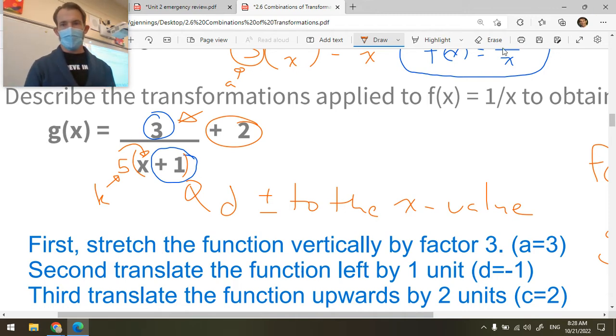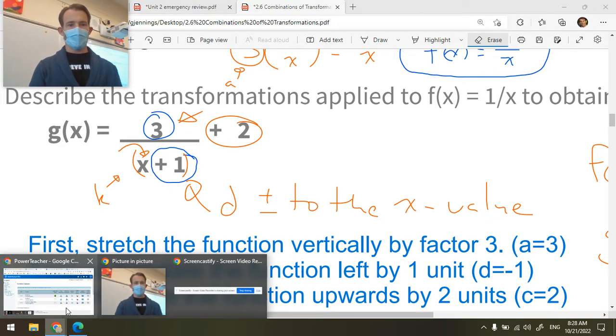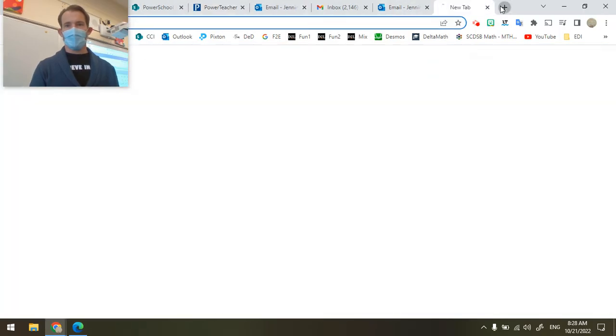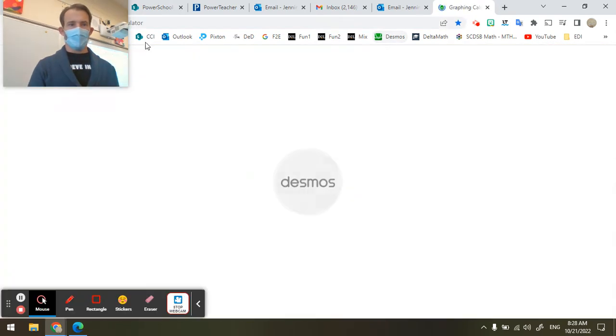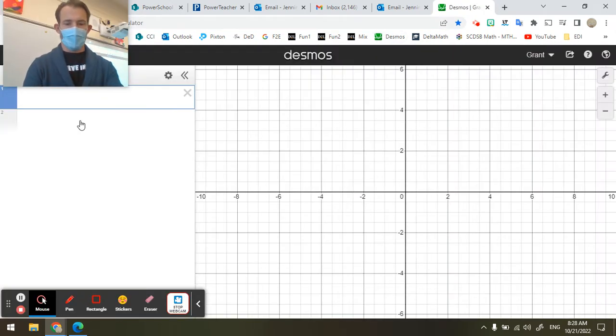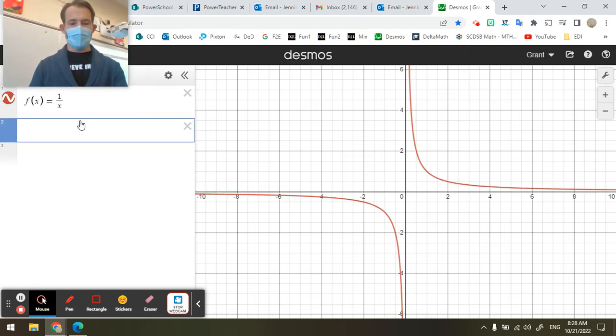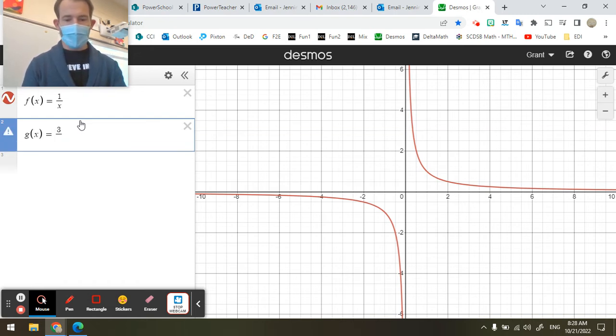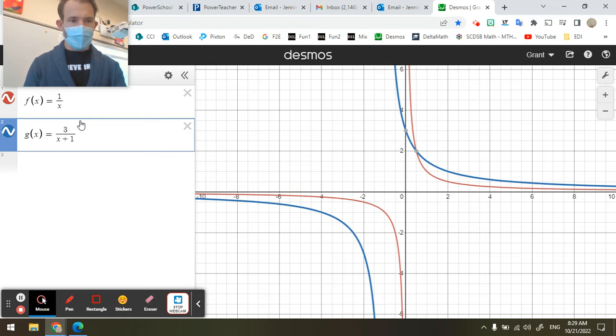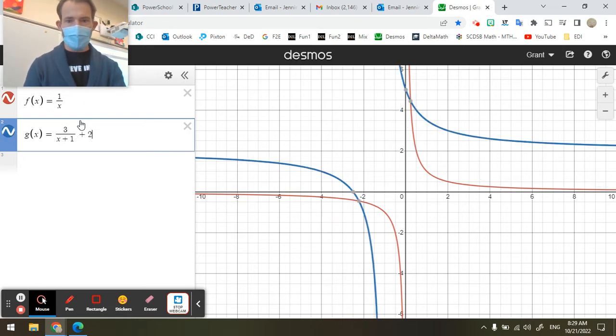And then what else to say about this? I thought we could visualize this one in Desmos. Let's take a look. So we'll go kick open a Desmos here. We're going to start with f of x is equal to 1 over x. And then let's prepare g of x, which is equal to 3 over x plus 1, and move outside that plus 2.